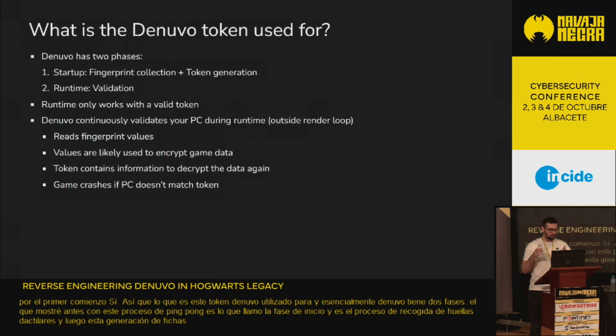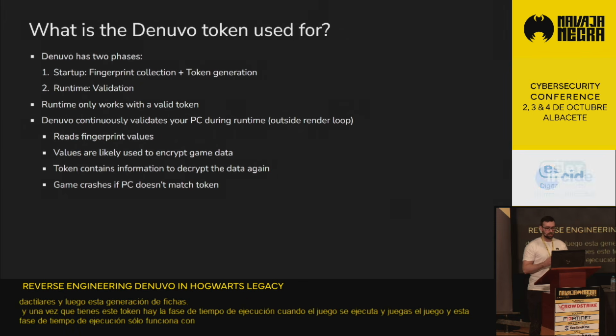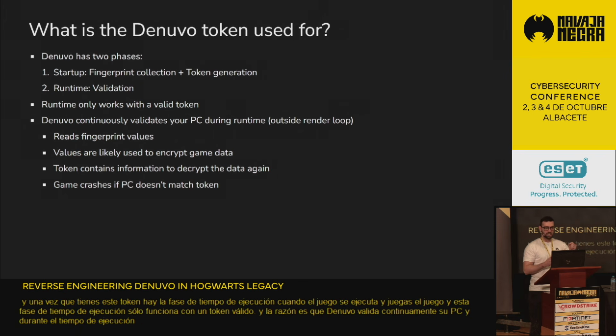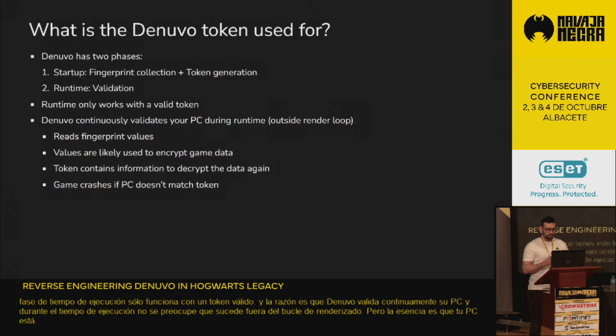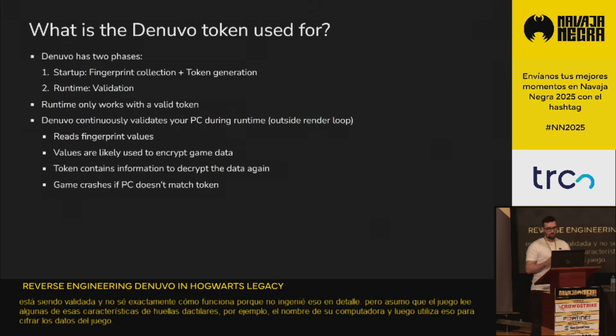So data at runtime is being encrypted using, for example, your computer name. And then this token contains the necessary information to decrypt that piece of data again. And that means that if the token doesn't match, for example, your computer name doesn't match what's stored in the token, then the game will probably crash. So that means that your PC needs to match this token.